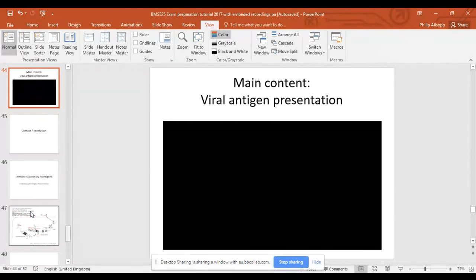Then, through the use of tapasin and the chaperones, the epitope of the pathogen will get loaded onto MHC1 and delivered to the surface. But again, the main content of that will be present in a video provided on BBLearn.